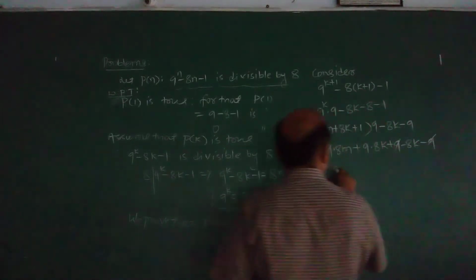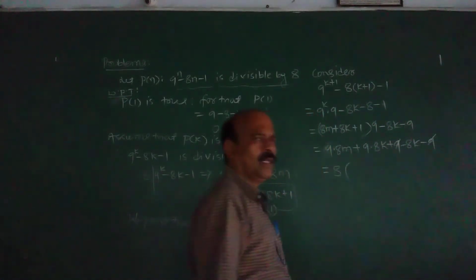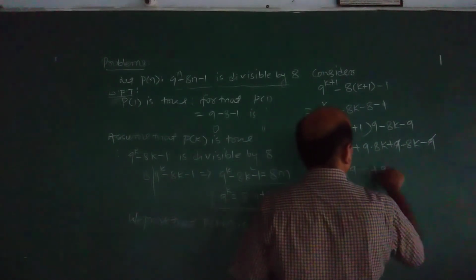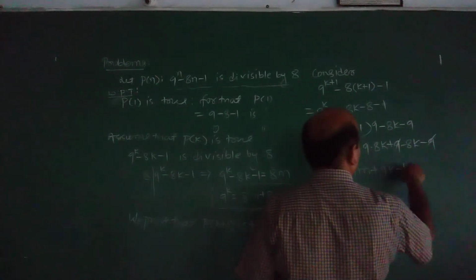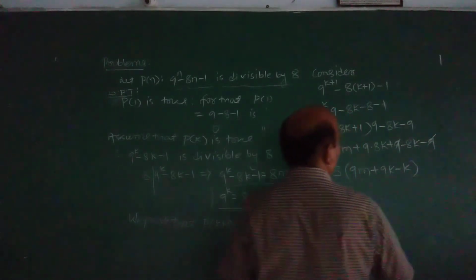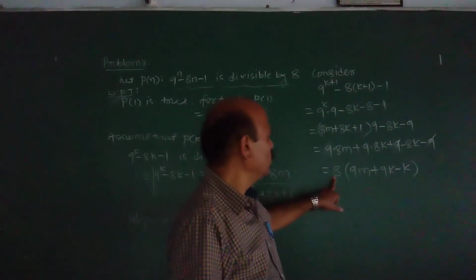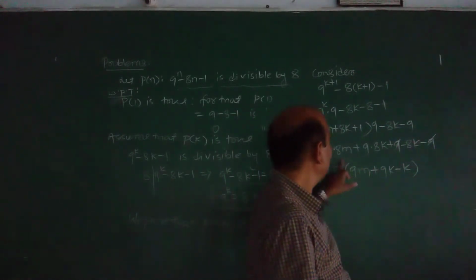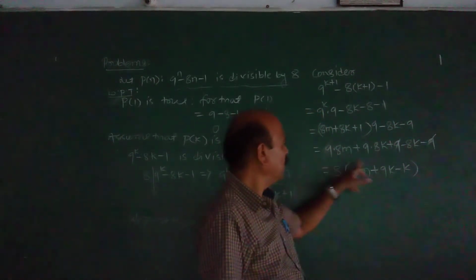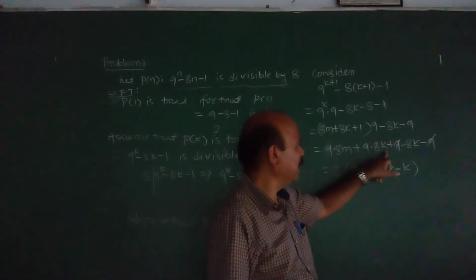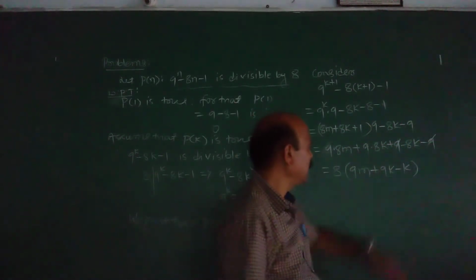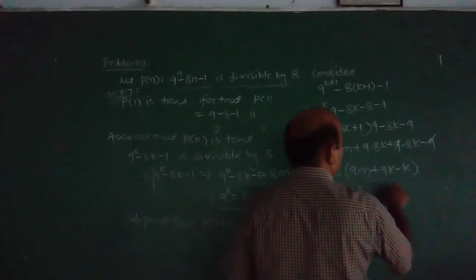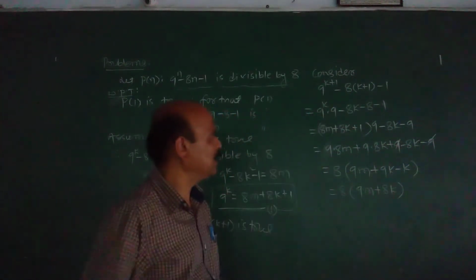Therefore, I write this as 8 into 9m plus 9k minus k, or 8 into 9m plus 8k. Is it correct? I think all the steps are clear.